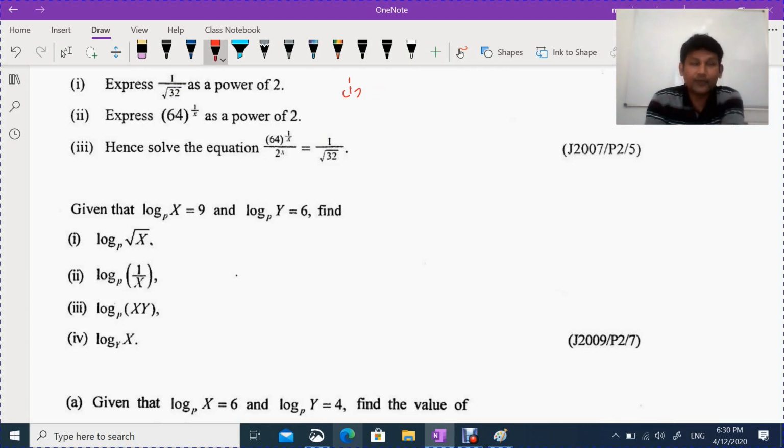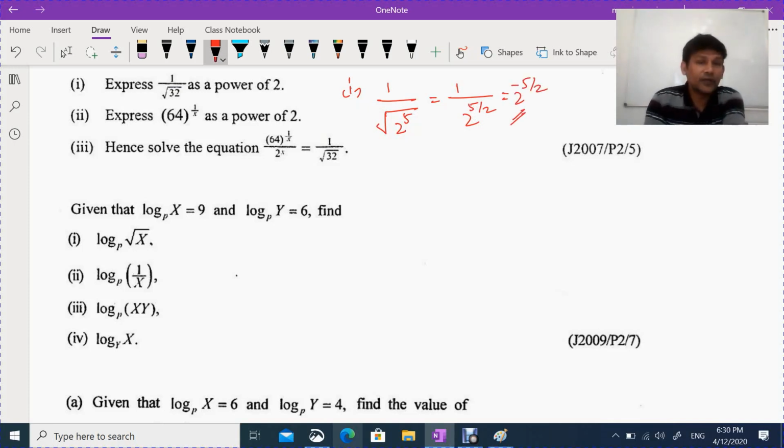This is your requirement. Okay, 1 upon 32 you can write as 2 power 5. Then you can write 1 upon 2 power 5 upon 2, and then you can move it up, you can write 2 power minus 5 upon 2, and that's your result.